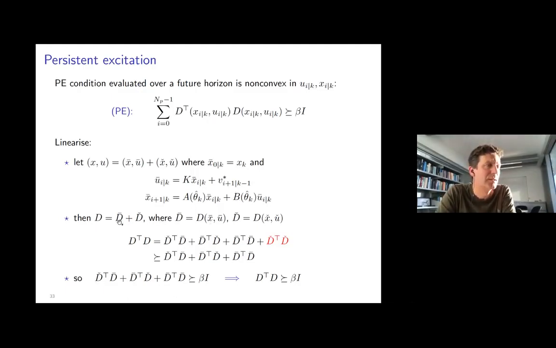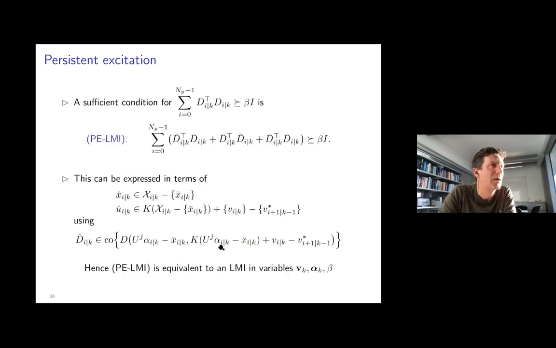And the idea is that if we linearize around a reference trajectory and neglect the quadratic term in the expansion that we get, then we get a linearized condition that needs to be satisfied to guarantee the PE condition. And we can express this as an LMI on the optimization variables that define the MPC scheme. And so basically this leaves us with a linear matrix inequality to include in the MPC optimization problem in order to guarantee persistence of excitation with any given measure of beta.